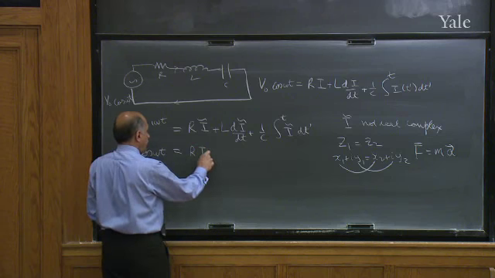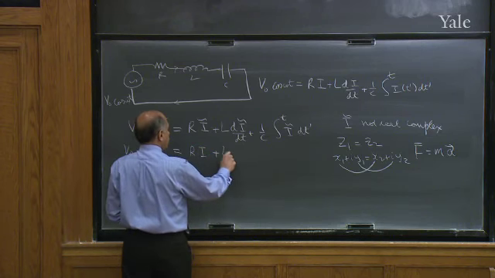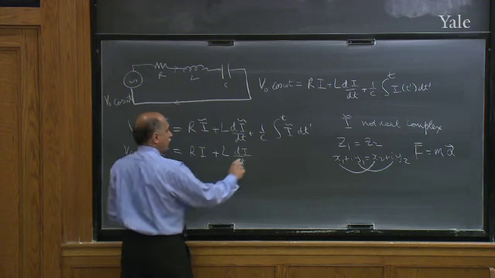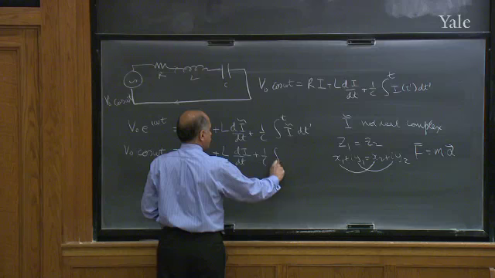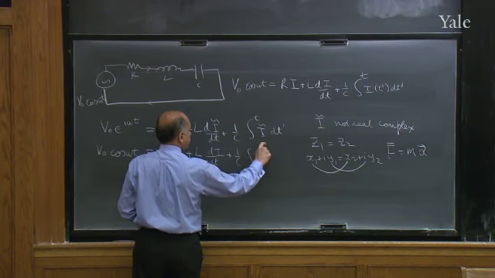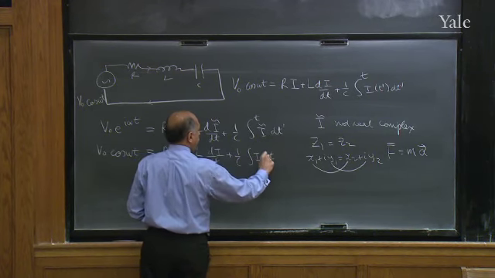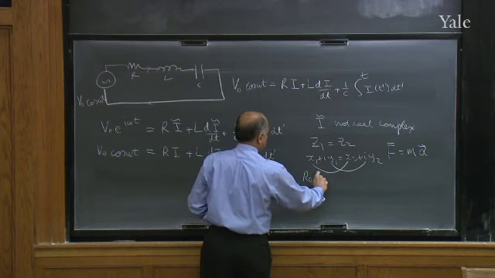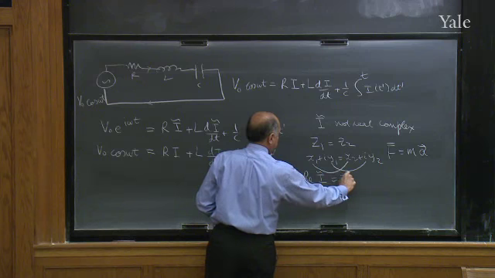Let me just call that I. Then I should take L times the derivative of the real part of I twiddle, which I want to call I. Then 1 over C times the integral of the real part of I twiddle. The real part of I twiddle I want to call I. In other words, let the real part of I twiddle be called I.